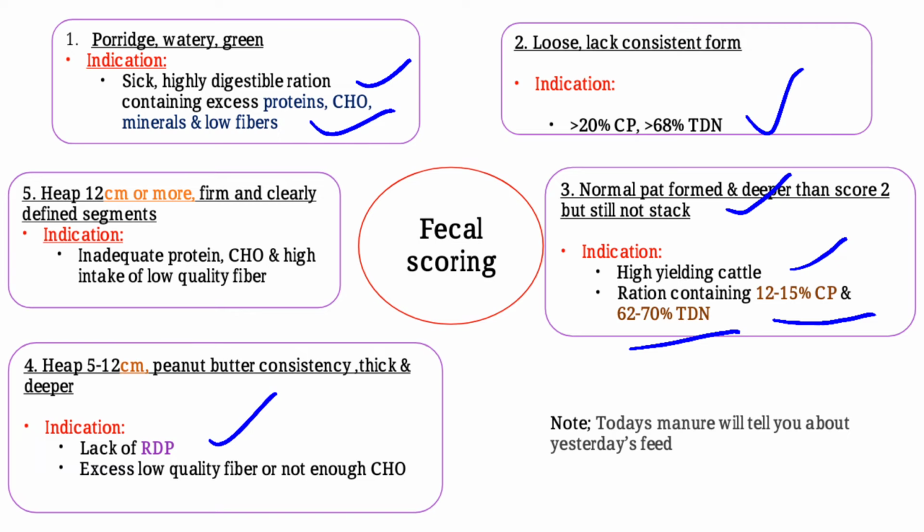And score number 5, in which the fecal material or manure is 12 centimeters or more, firm and in clearly defined segments, indicates that the animal must have eaten inadequate protein and carbohydrate and a high intake of low quality fiber. This should be kept in mind: it is a high content of fiber but of low quality that has been eaten by the animal.